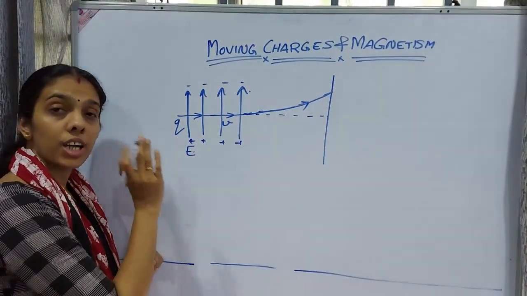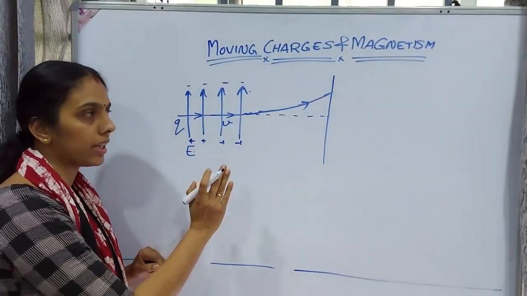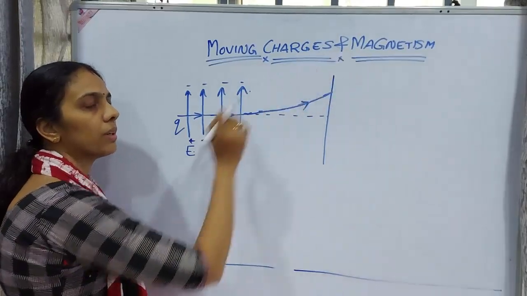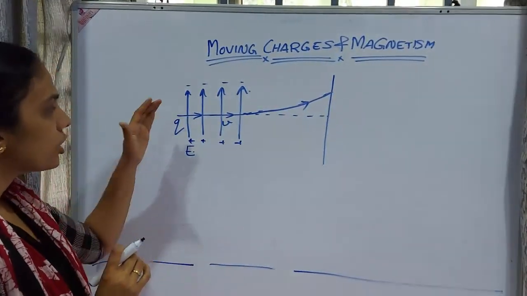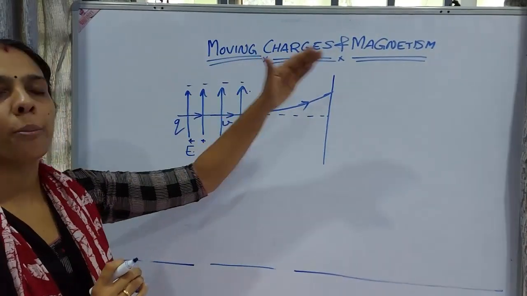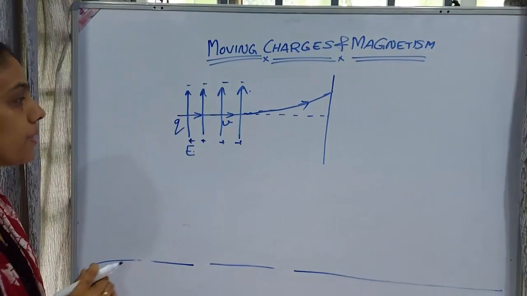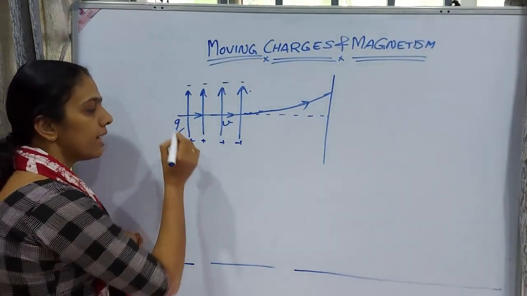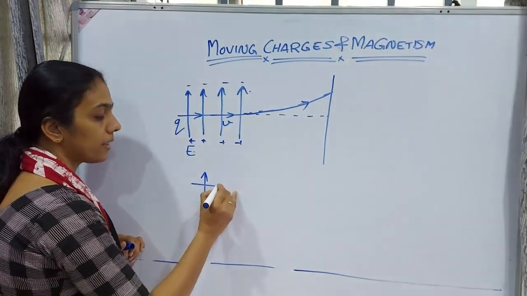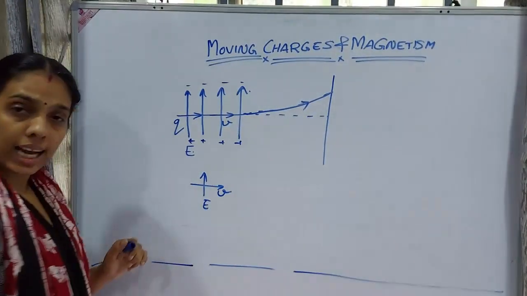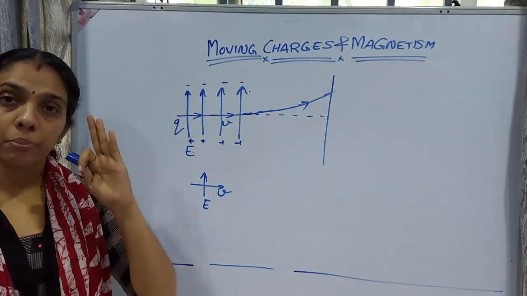If a charged particle is moving in a uniform electric field, it will follow a parabolic path. Clear? Suppose the electric field is acting like this and the particle is moving in this way, at that time it will be following a parabolic path.